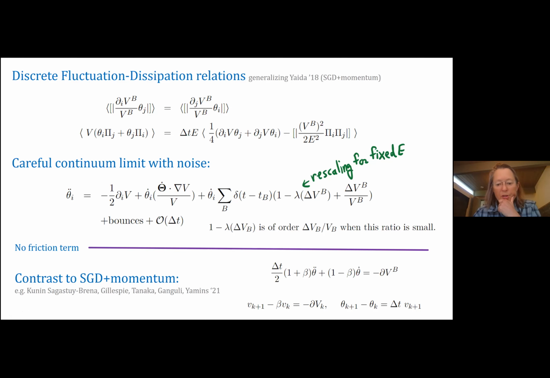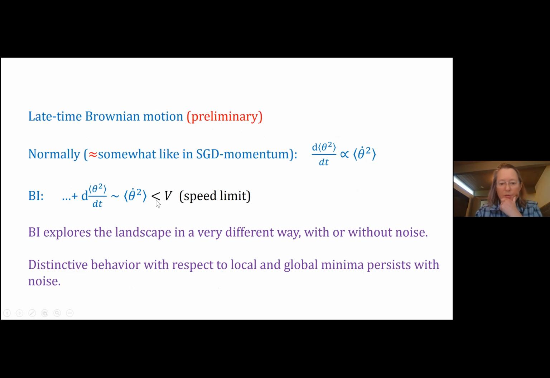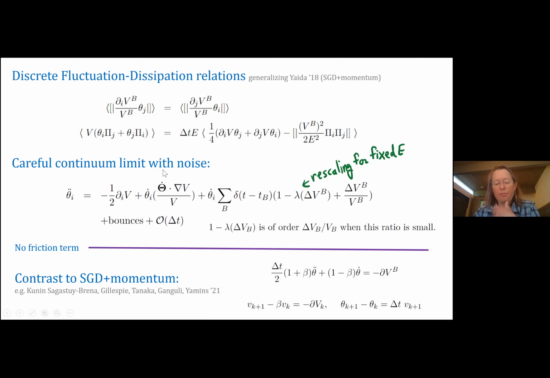So let me see if I'll get to the punchline of this in the next slide. We can follow these methods, just generalizing them to our case, and get such relationships. In the continuum limit, if we're careful about it, we find a certain formula that can be contrasted with the one for SGD, where of course there's a kind of friction term.